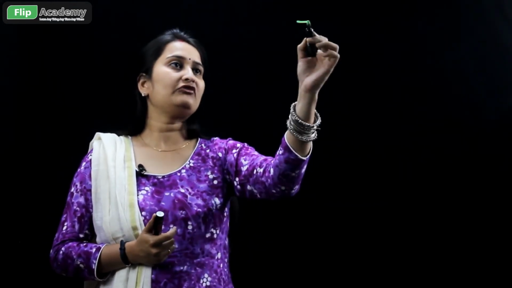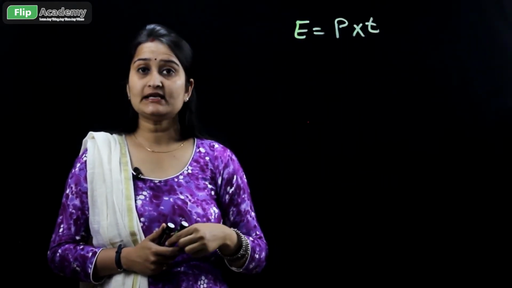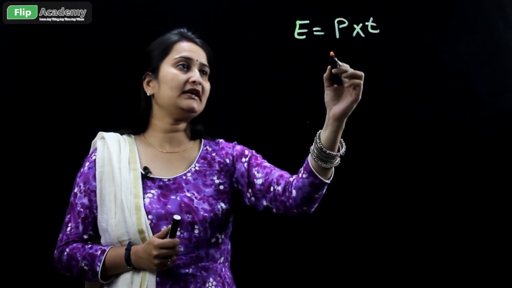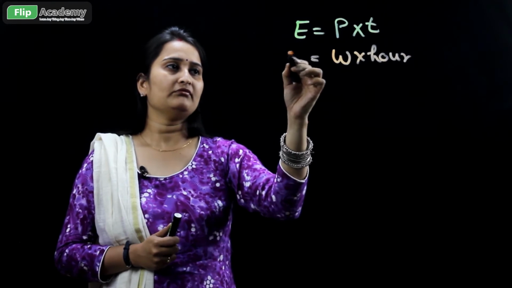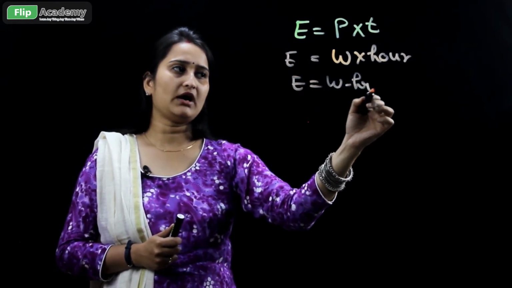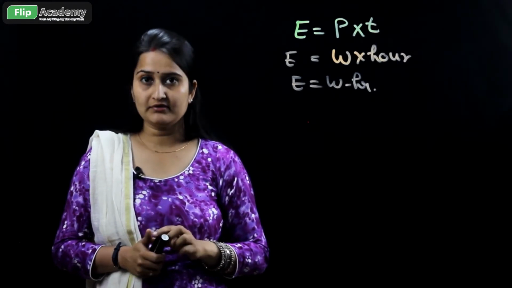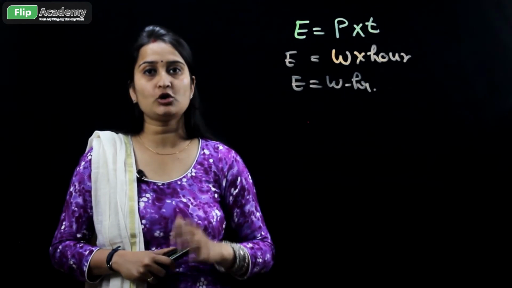Now let's see the unit of electric energy. Electric energy is given by P into T. What is the unit of P? Power is measured in watt, and time is measured in hour. So the unit of energy is watt hour. Watt hour is a smaller unit of energy, used to measure smaller quantities.